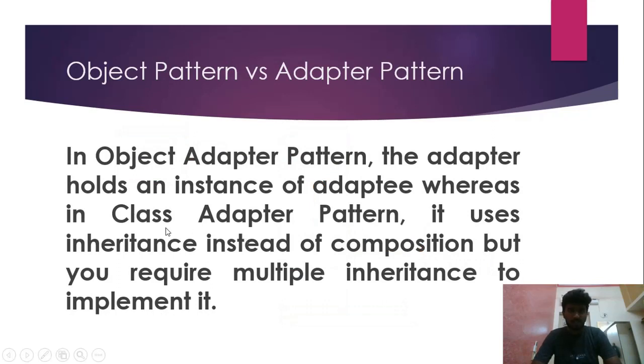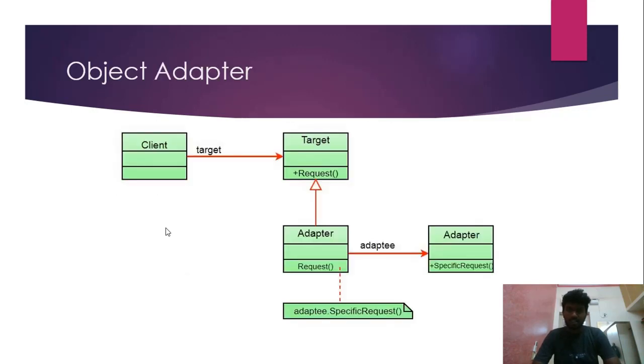So basically, in object adapter pattern, the adapter holds an instance of the adaptee, whereas in class adapter pattern, it uses inheritance instead of composition, but we may require multiple inheritance to implement it. In object adapter, it can't override, but it can adapt subclasses of the adaptee.